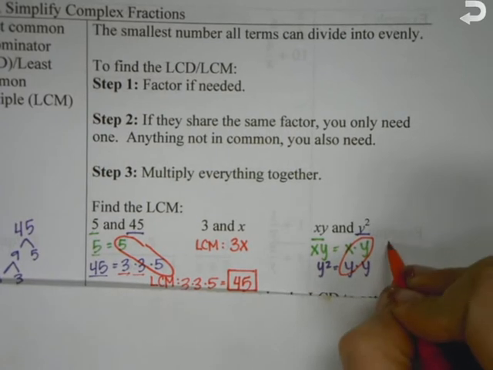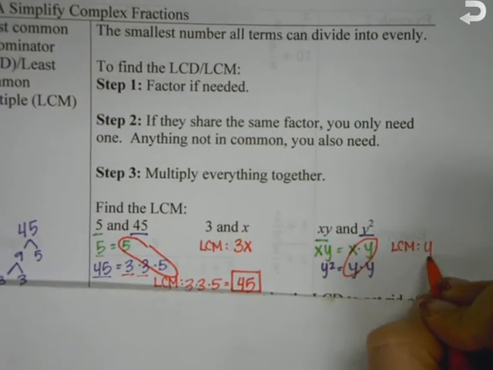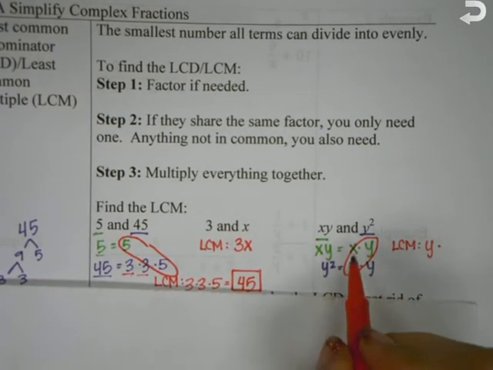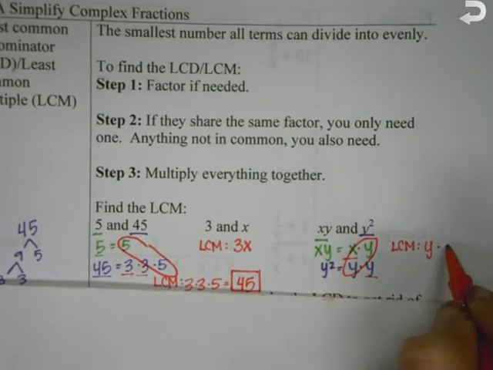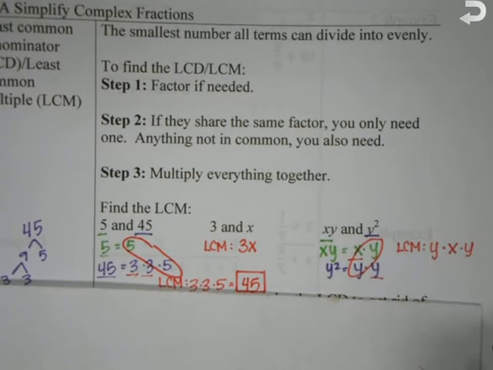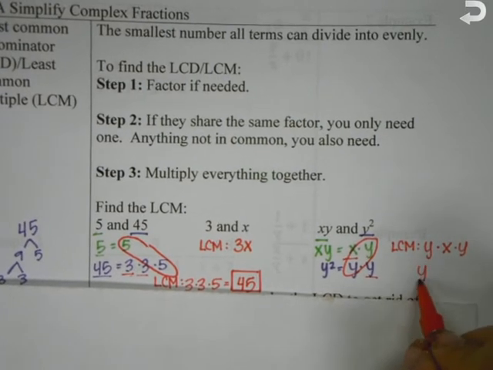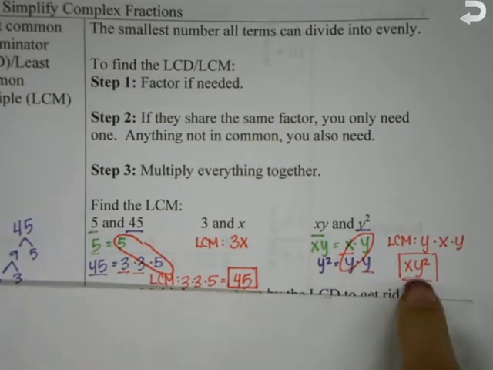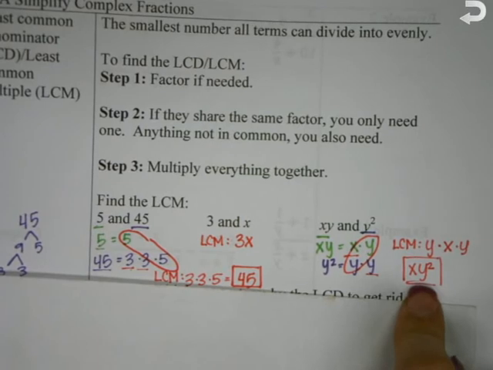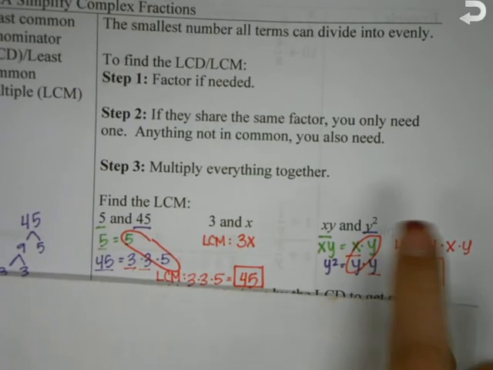So the LCM would be y times, and then we have to count everything that's not in common, x and that second y. So times x times y. So what would my LCM be? xy squared. And let's think about it. Does xy go into xy squared? Yeah. Does y squared go into xy squared? Yep.